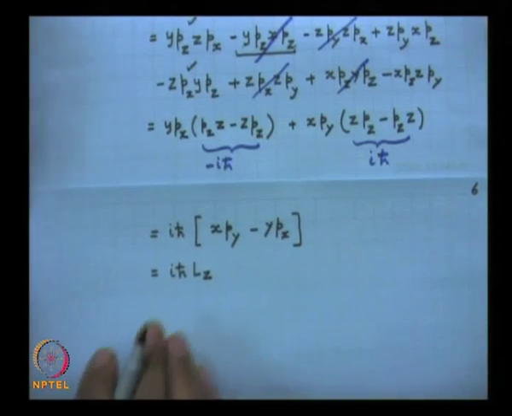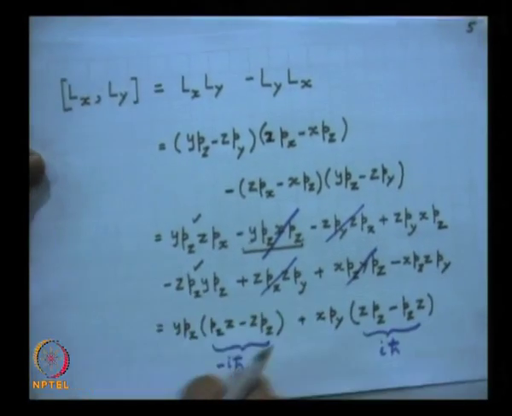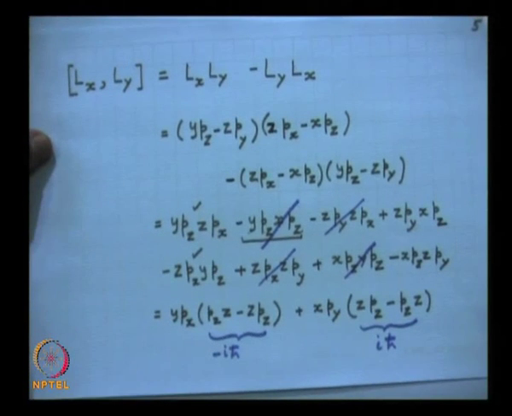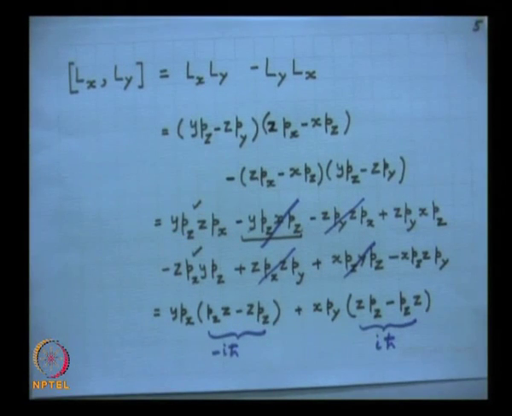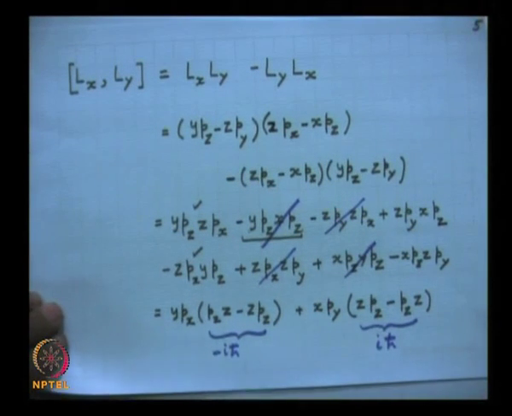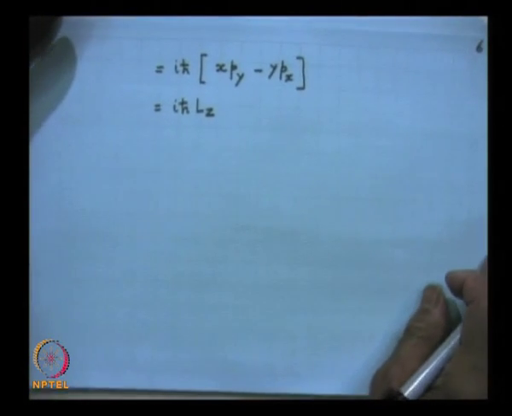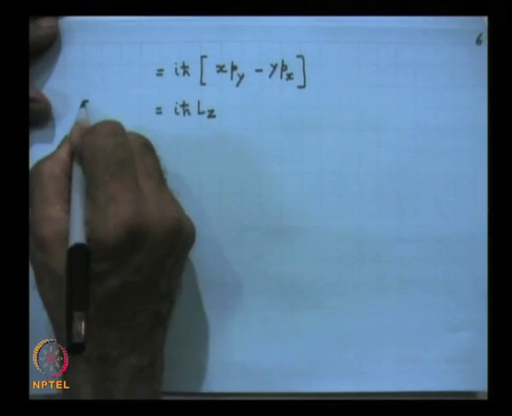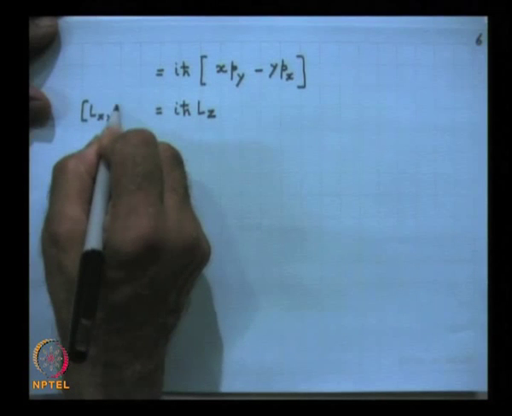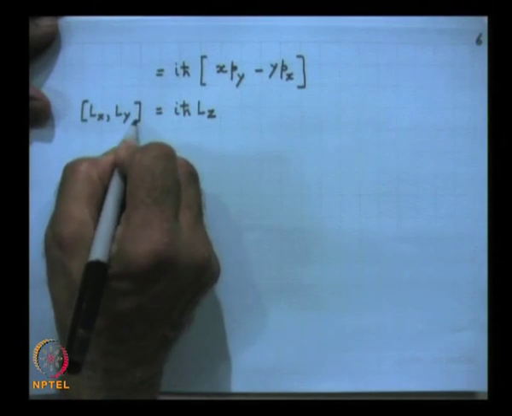So, the left hand side as we had written before was L x comma L y. So, L x and L y, the x component of the angular momentum and the y component of the angular momentum, do not commute, and the commutation relation is L x, L y is equal to i h cross L z.